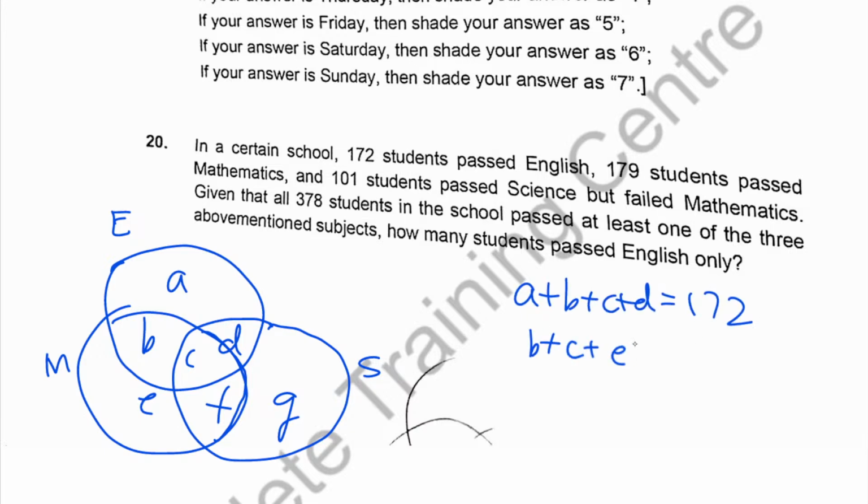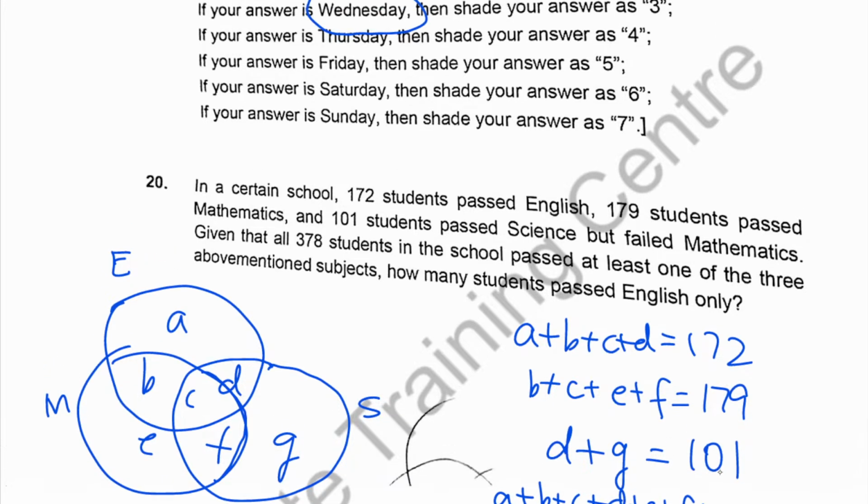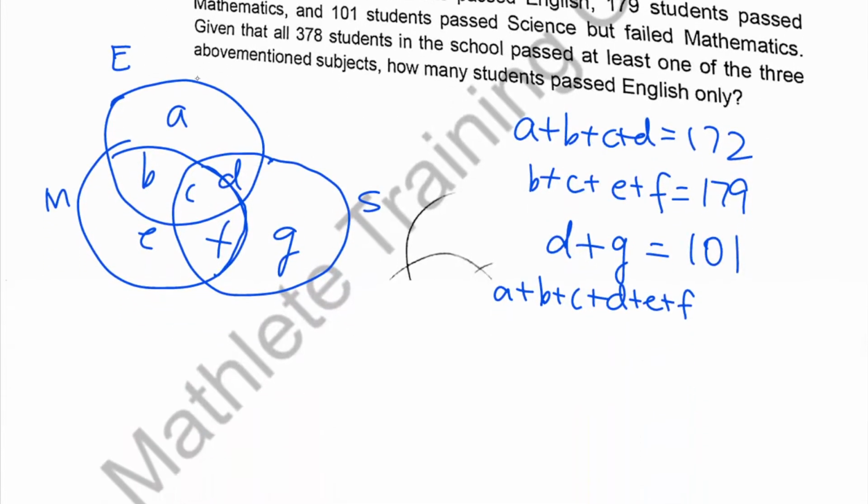B plus C plus E plus F is 179. And passed science failed maths is D plus G, so that is 101. And of course, the total number of students is equal to 378.